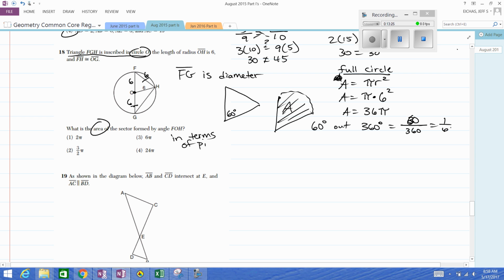So if I want to know the area of that sector, it's 1/6 of the area of the full circle. And that's probably your best bet right there. Okay, so the area of the sector is going to be 6 pi. There's a lot of ways to do that problem. I just decided to go that way.